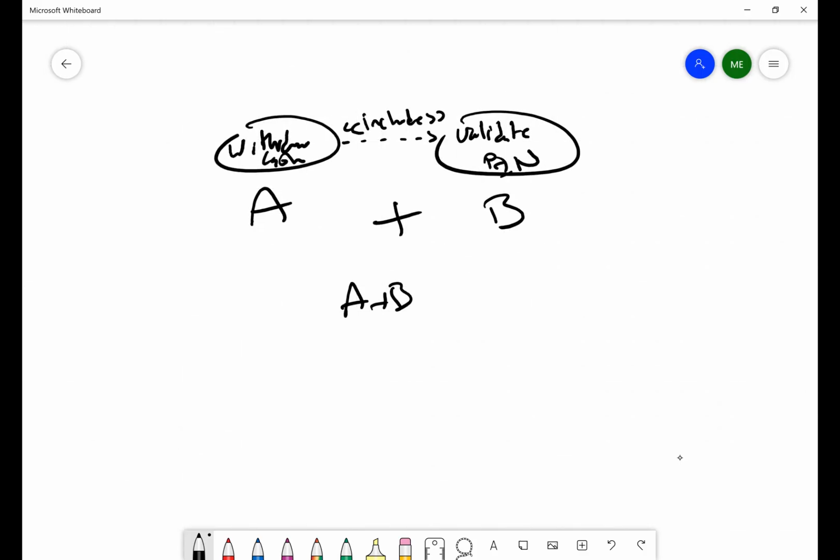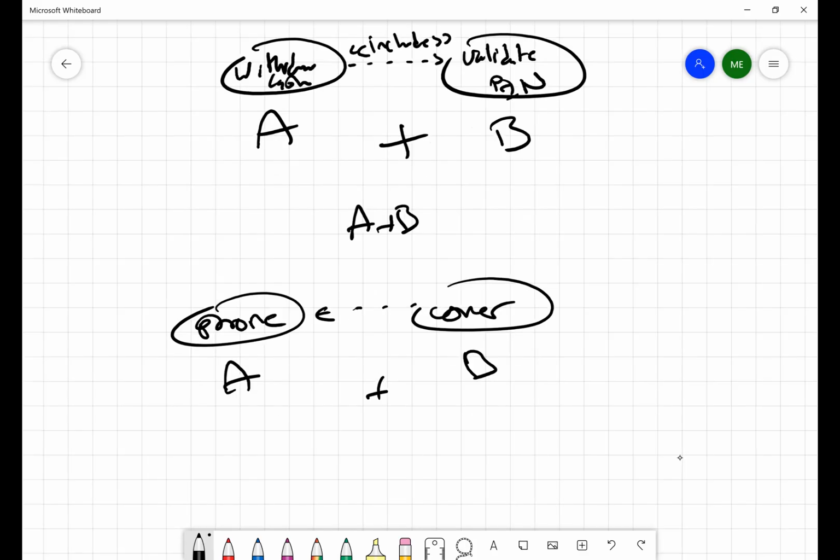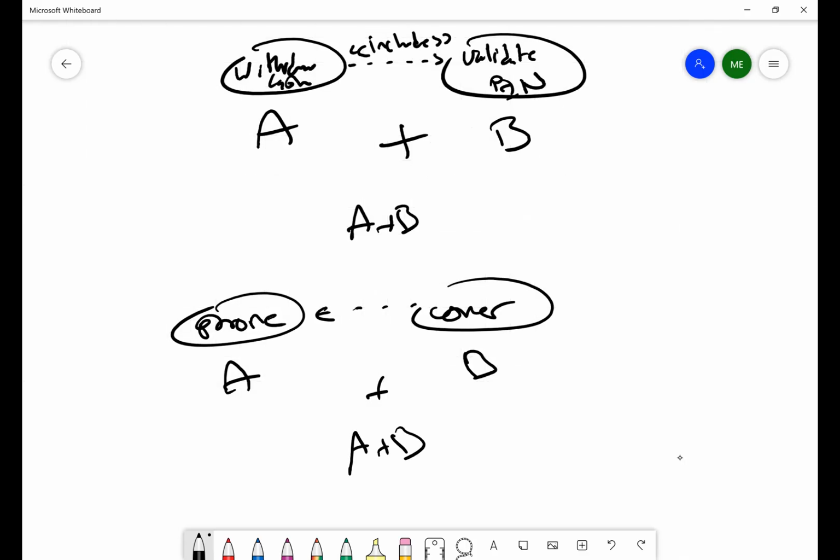Now, let's do the extend. The cover and the phone. This is A, this is B. What's going to end up happening is I'm going to add the phone to the cover and the cover to the phone. But I cannot say that the cover is a specific type of phone or the phone is a specific type of cover. It doesn't make sense.